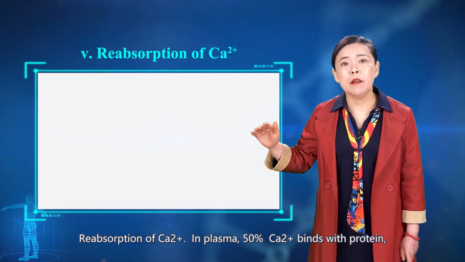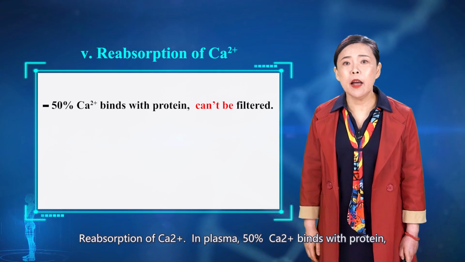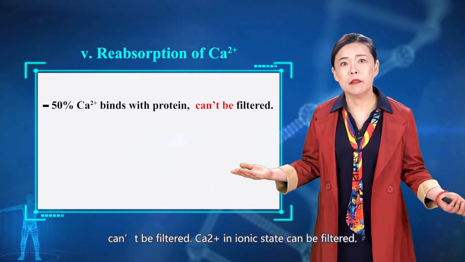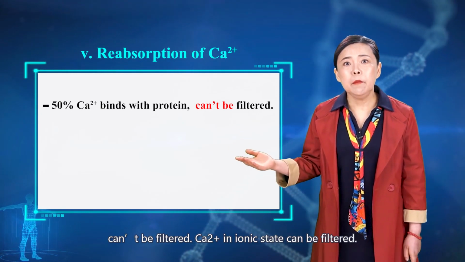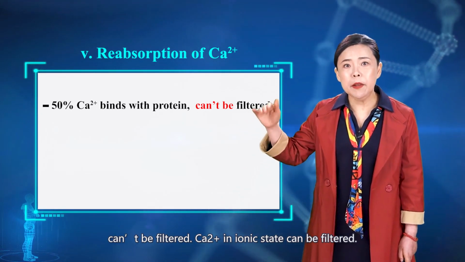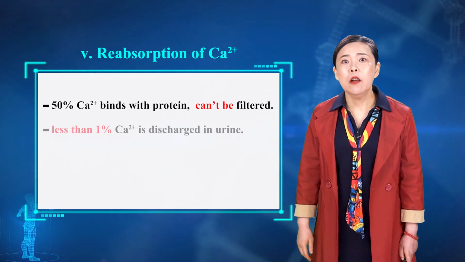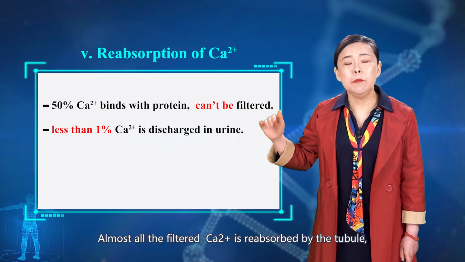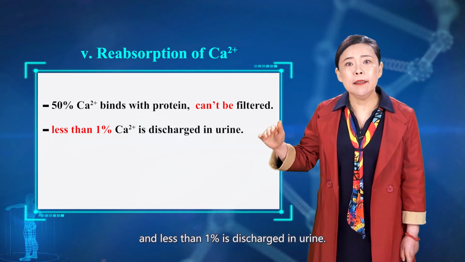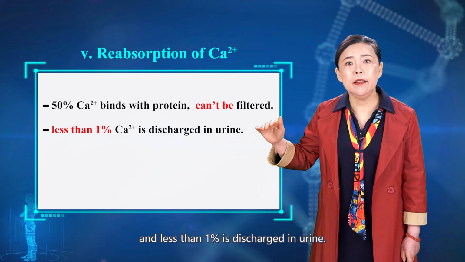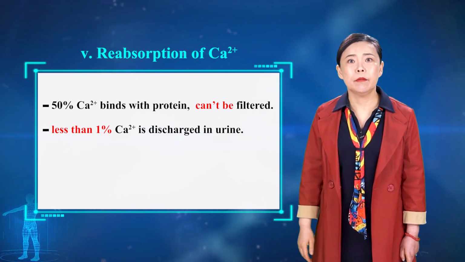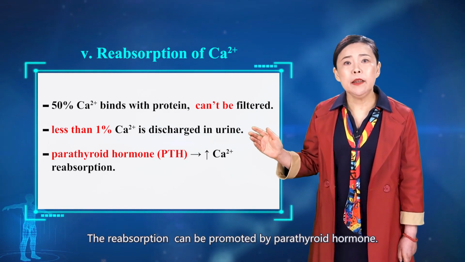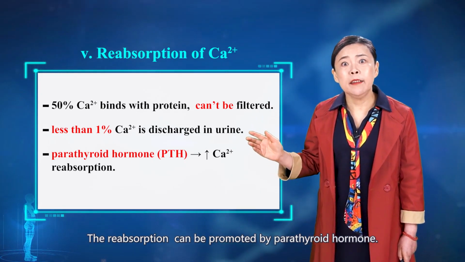In plasma, 50% of calcium binds with protein and can't be filtered. Calcium in ionic state can be filtered. Almost all the filtered calcium is reabsorbed by the tubule, and less than 1% is discharged in urine. The reabsorption can be promoted by parathyroid hormone.